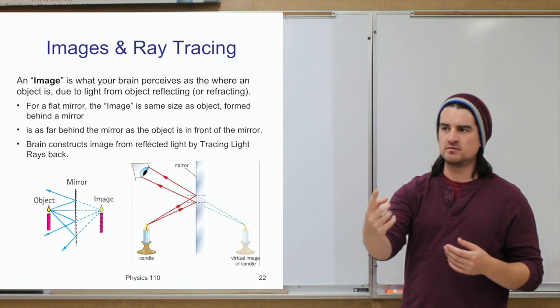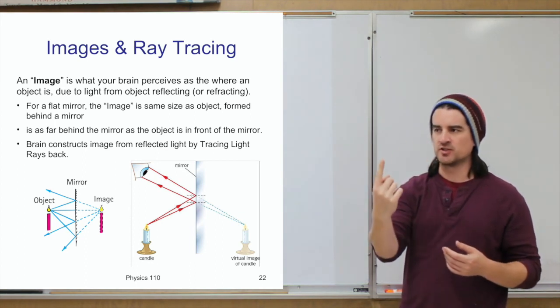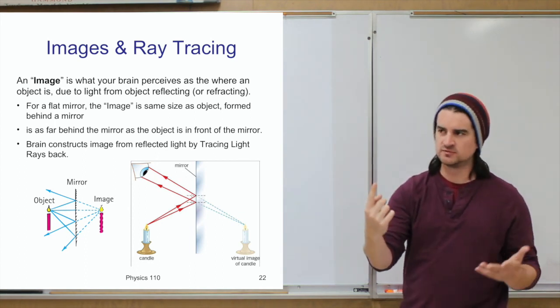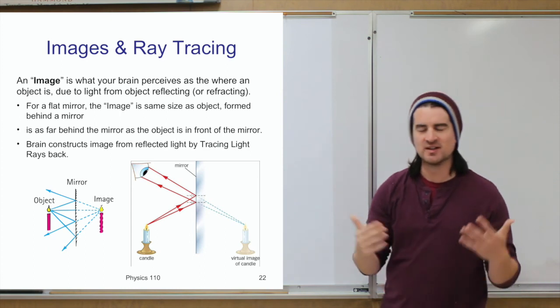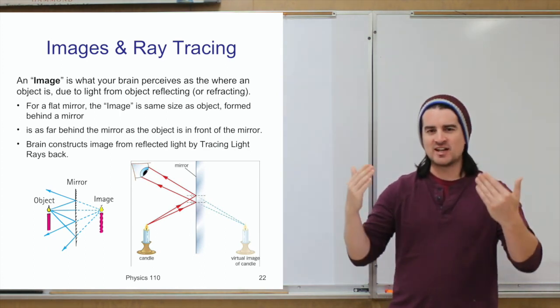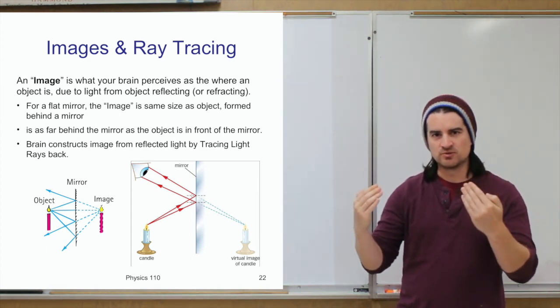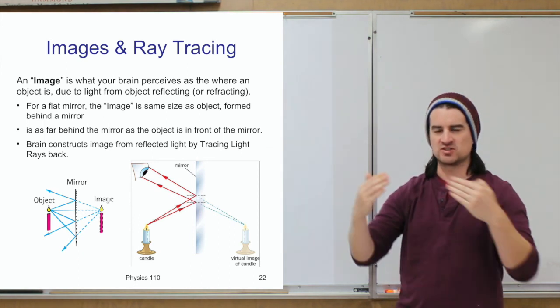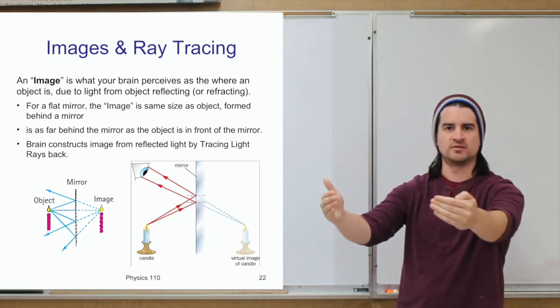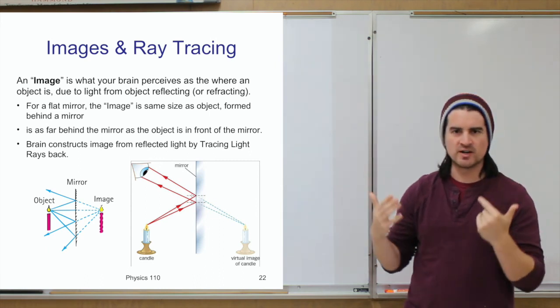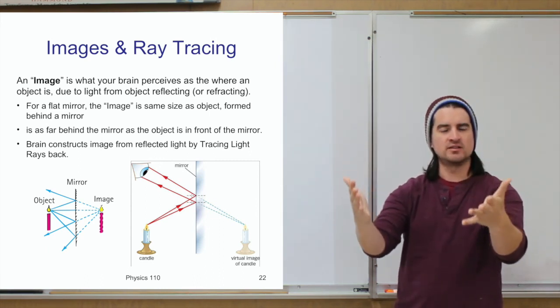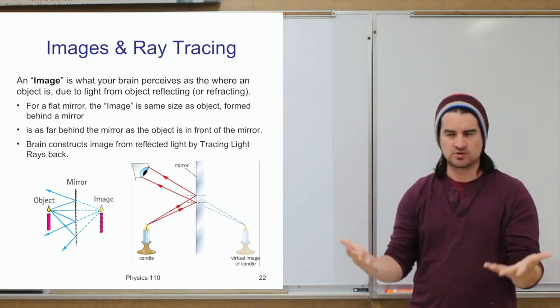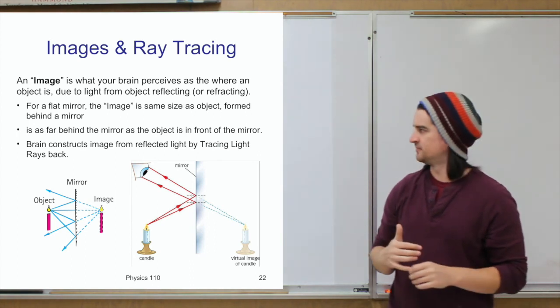Essentially your brain is telling you that there's a person. Well, you understand that it's not a separate person, but your brain sees it as essentially a copy of you that's behind the mirror. And it's the same distance behind the mirror as you are in front of the mirror, right? That's what our brain tells us. So that thing is what we call an image, and the image is created by this reflection.